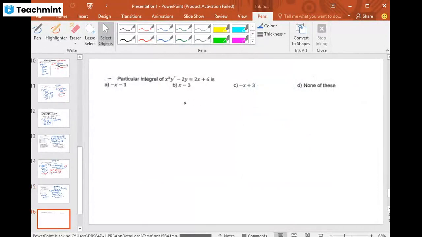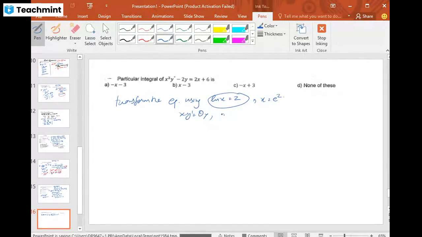Okay, again we need to find out the particular integral here. So for the particular integral, again transform the equation using log of x equal to z, x equal to e power z, x y dash equal to theta y, x square y double dash equal to theta into theta minus 1 into y.